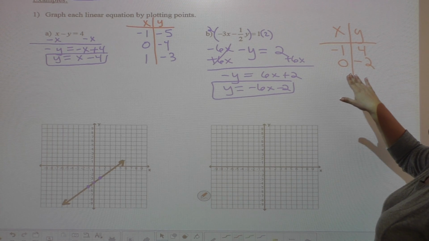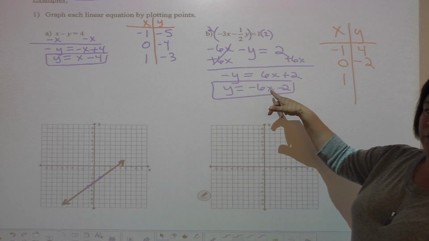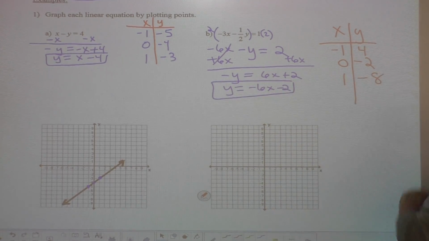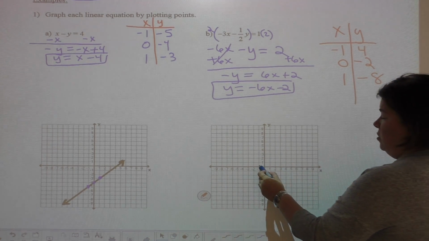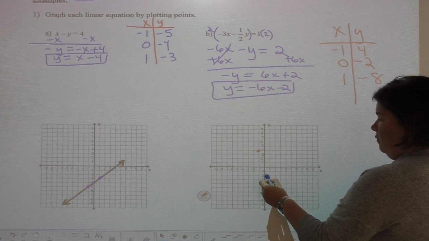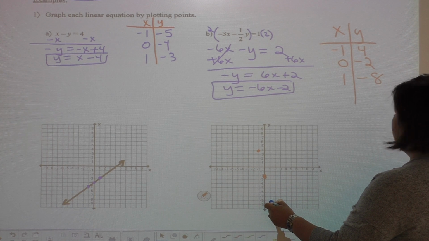If I substitute in positive 1 for x, I'm going to get negative 6 minus 2, which is negative 8. So I'm going to plot those 3 ordered pairs: negative 1 comma 4, 0 comma negative 2, and 1 comma negative 8.